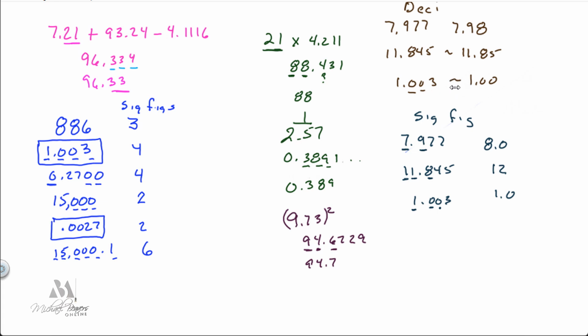And I say that because I've seen students want to move the decimal point, and you can't do that. These two numbers should be almost identical. And it's the same with sig figs. 7.977 is almost equal to 8. 11.845 is almost equal to 12. And the same here.